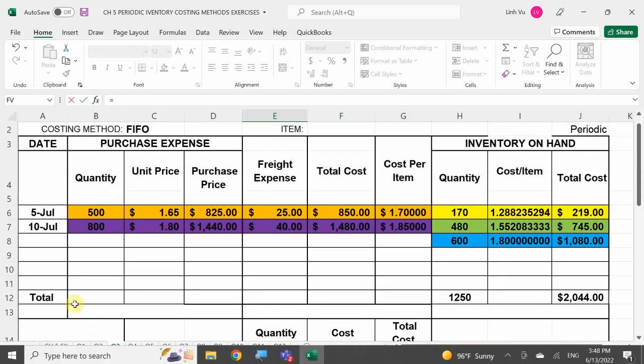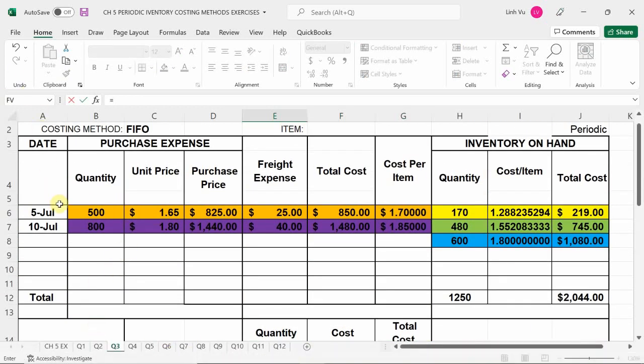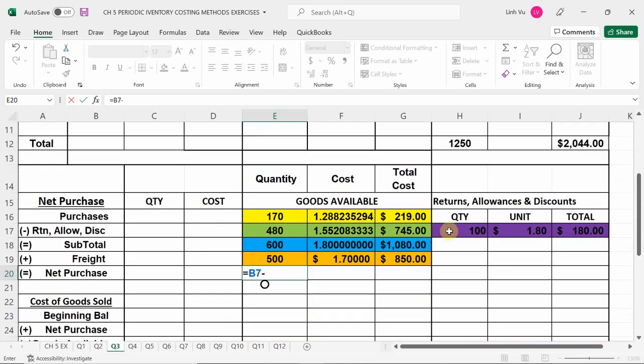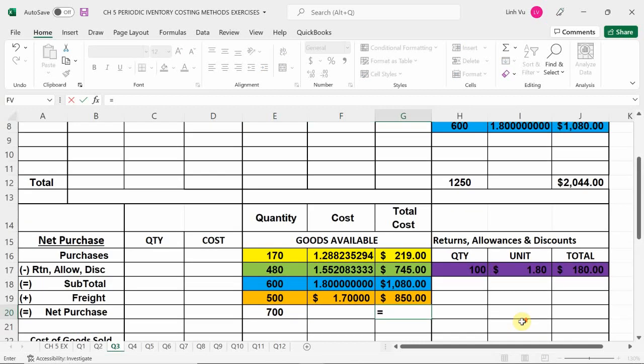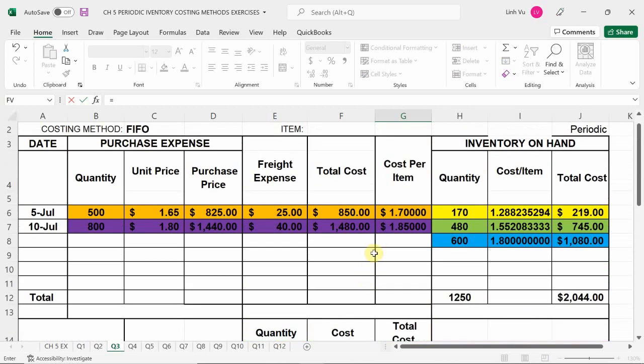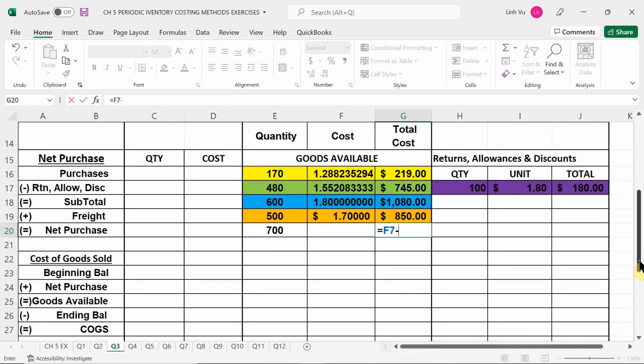So I started out with 800 and I end up returning 100 units for $180. That means I have 700 left. My total cost was $1,480 and I just returned 180, so I'm at $1,300 even.